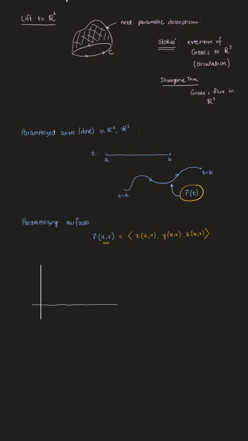Let's say that this is my uv plane, or the variables that I will use to parametrize, and we take a rectangle where u varies from a to b and v varies, for example, from c to d.